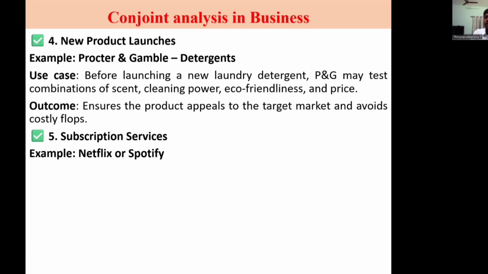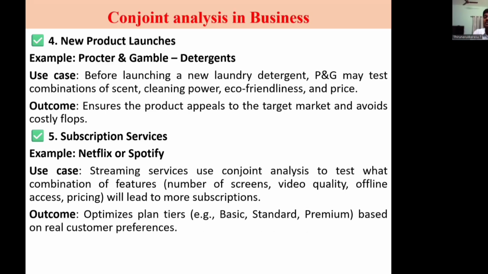Conjoint analysis also helps subscription services, for example Netflix and Spotify. Streaming services use conjoint analysis to test which combinations of features, such as number of screens, video quality, offline access, and pricing, will lead to more subscriptions.